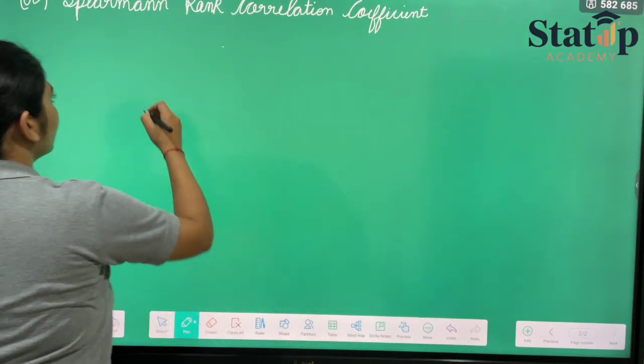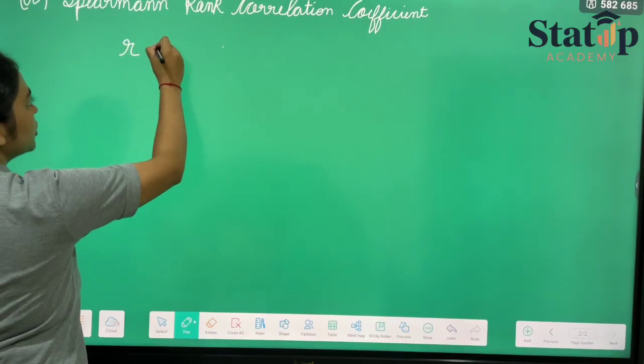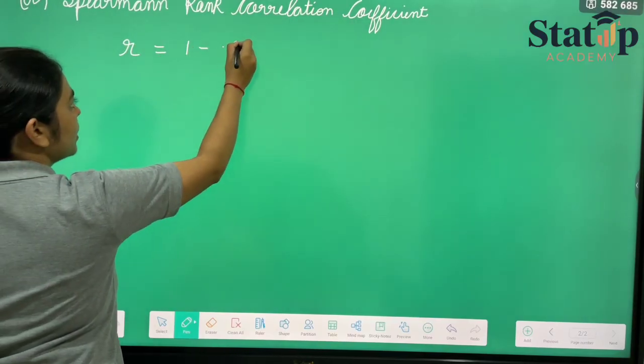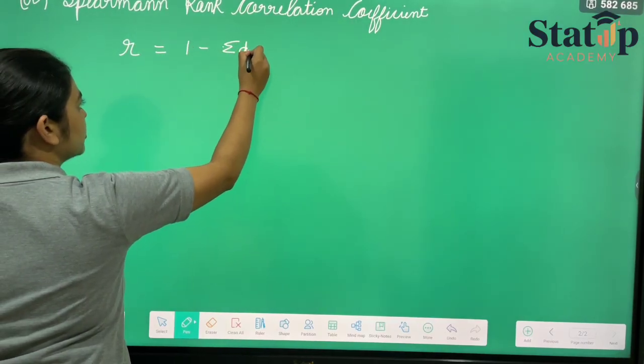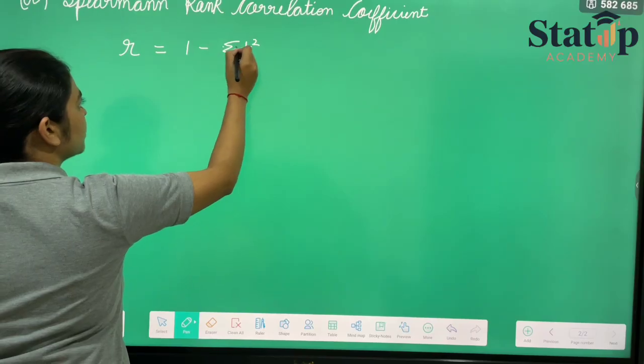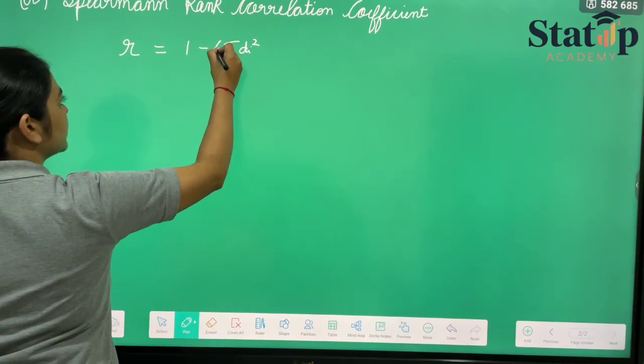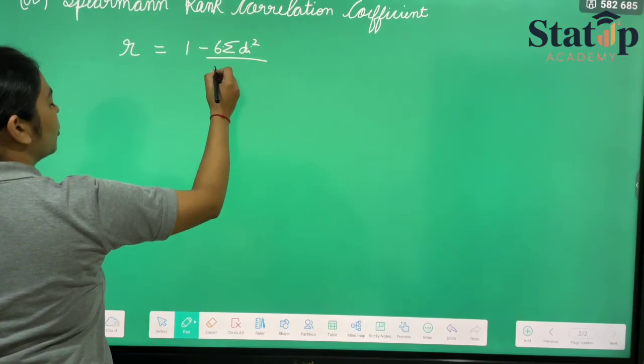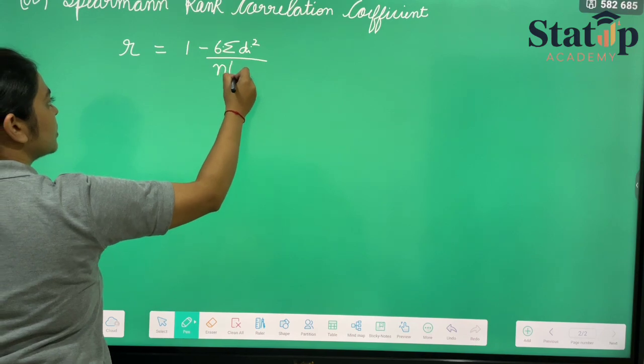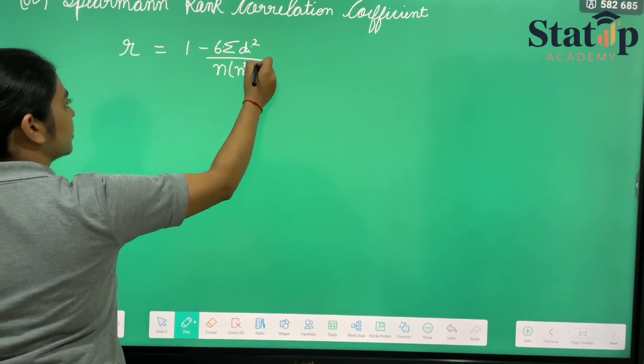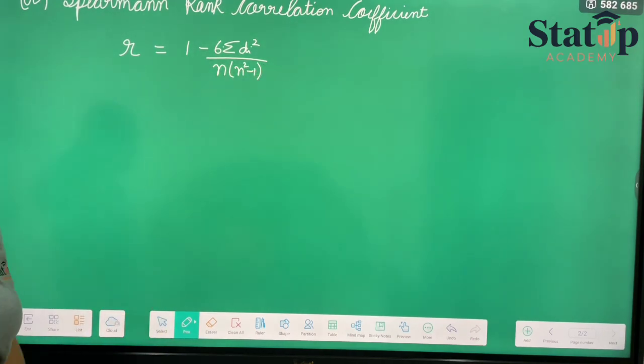Spearman rank correlation coefficient is given by r, which is nothing but 1 minus 6 summation di square upon n into n square minus 1. This is the formula for calculating the Spearman correlation coefficient.